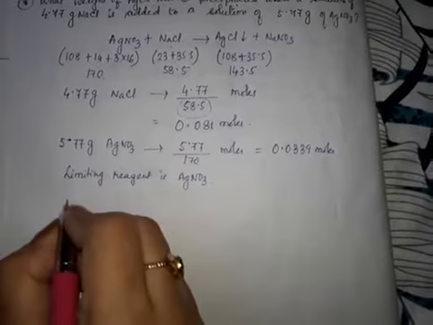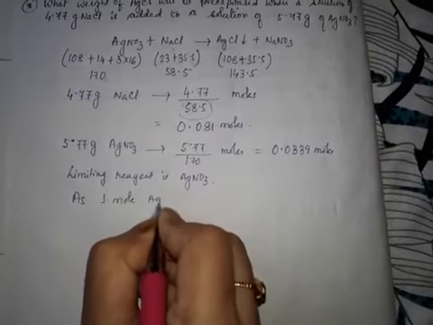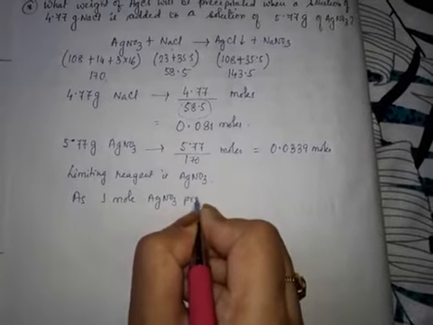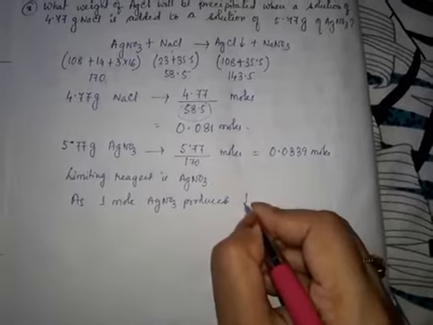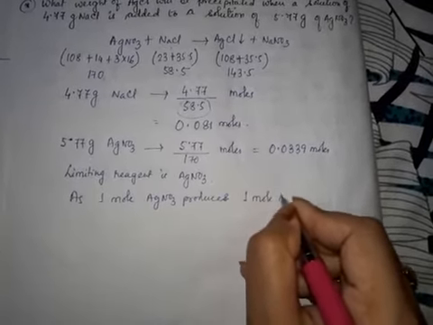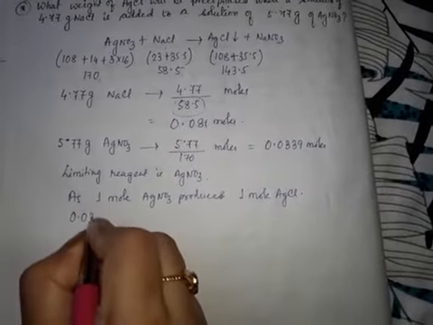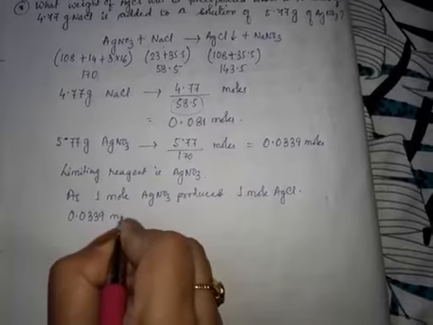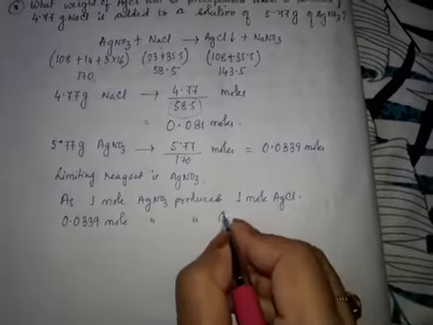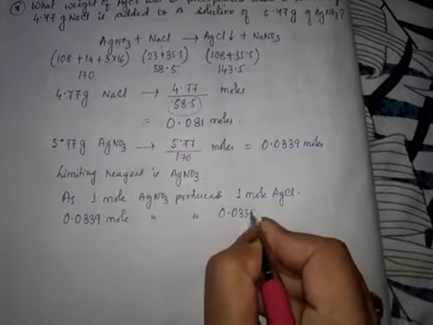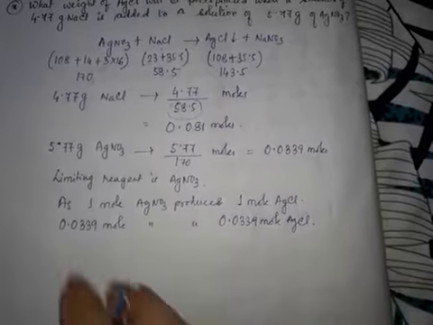As 1 mole of AgNO3 produces 1 mole of AgCl, we can say that 0.0339 mole of AgNO3 produces 0.0339 mole of AgCl, isn't it?